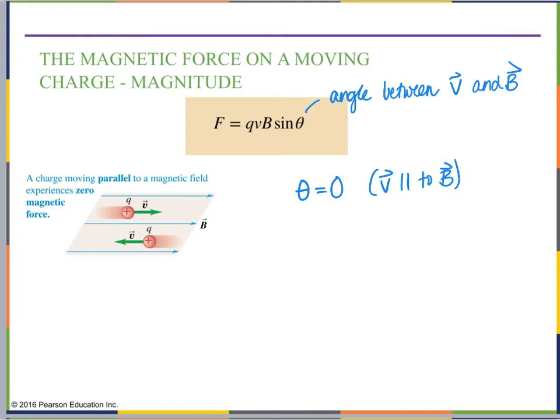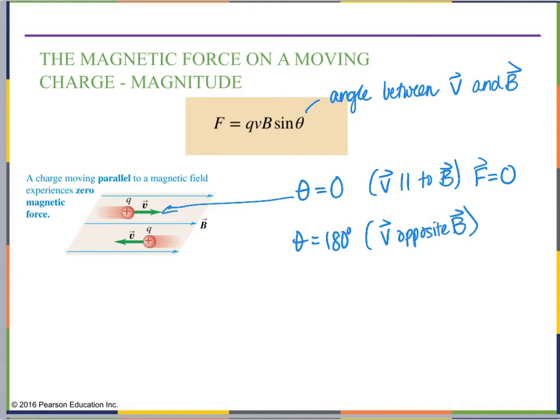Now, if that angle between the two is 0, which would be this case, the force is 0 because of the fact that the sine of 0 is 0. Now, if the angle between the two is 180, which means the V is opposite the magnetic field, the force is also 0, and that's this case right here.